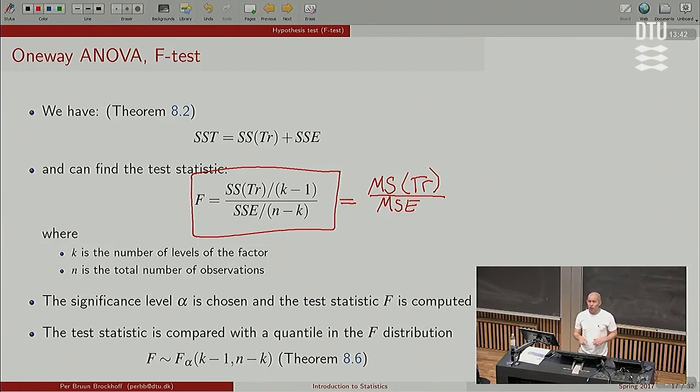So under the null hypothesis, when you multiply by the n, both the numerator and the denominator, which is a pure measure of within group noise, would both be measuring the within group noise. So this F statistic will be roughly around 1 if nothing is going on.